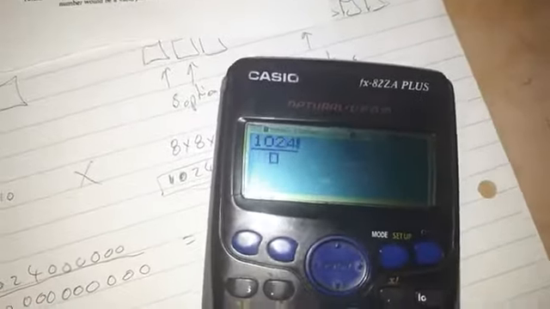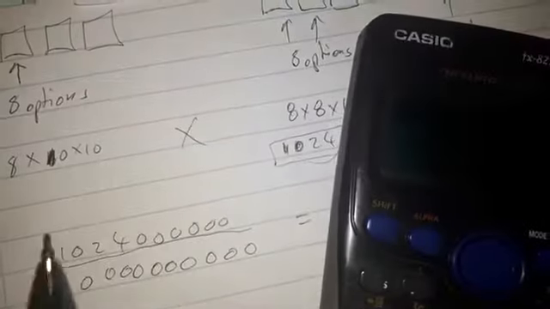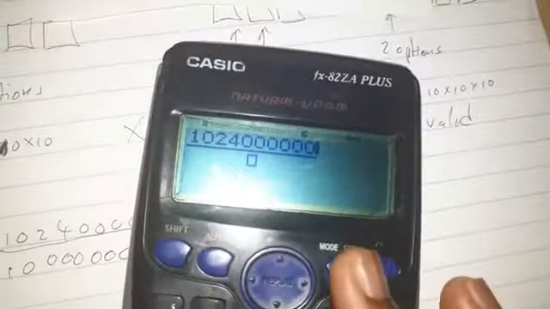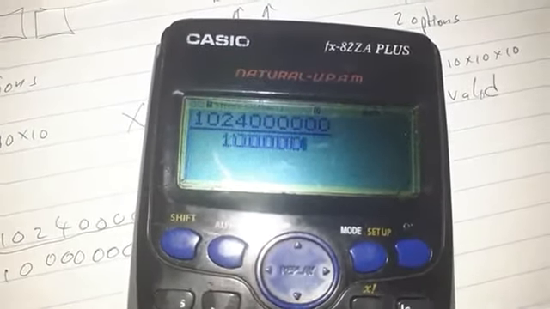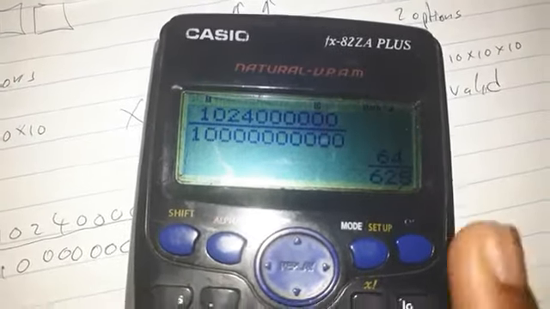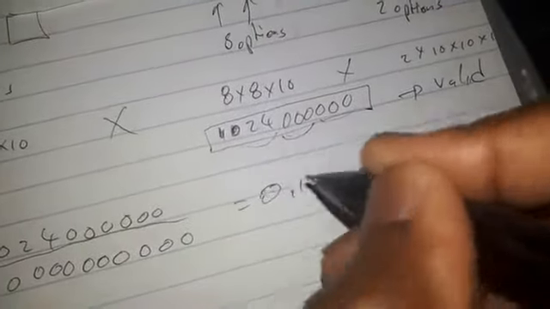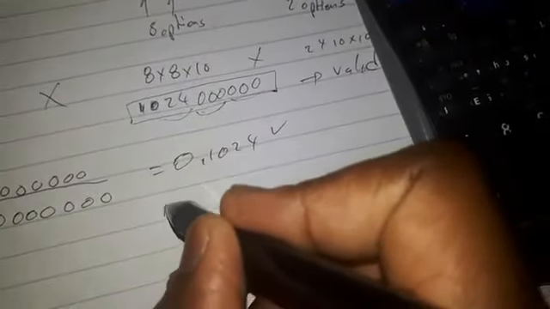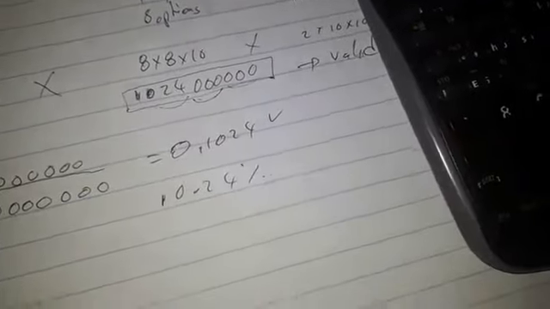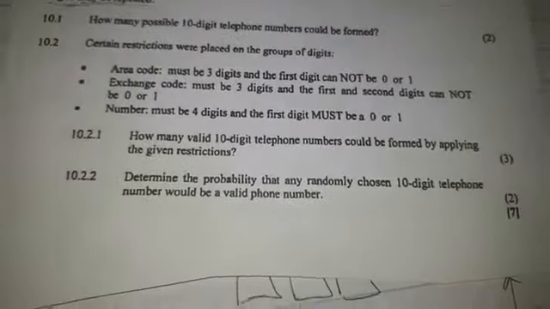Boom. Okay, that's 0.1024. So this is fine. You could say 10.24% if you times by 100. That's the probability that you get a valid number.